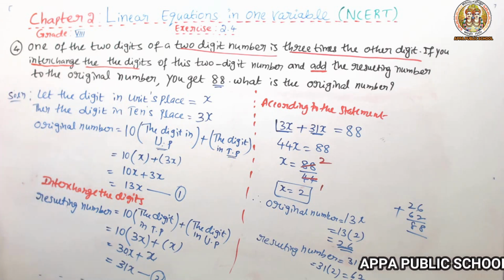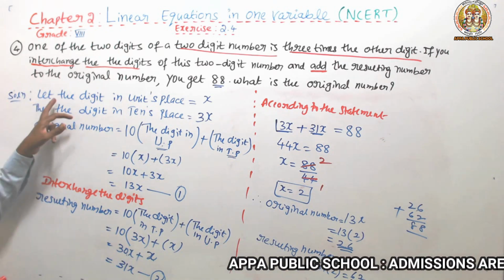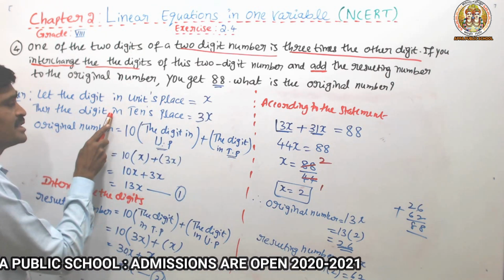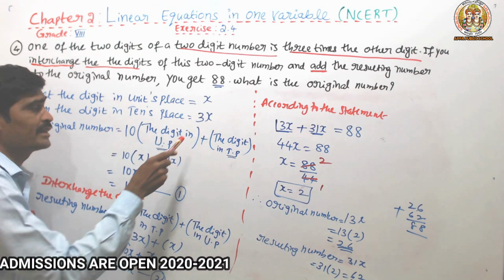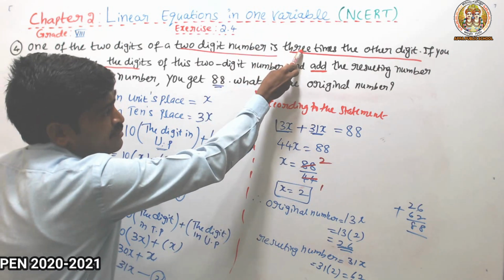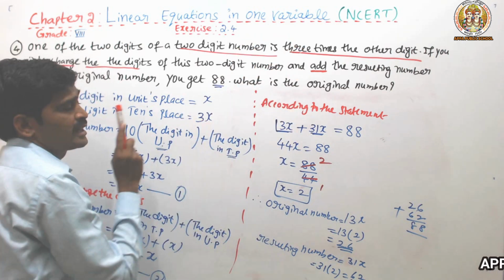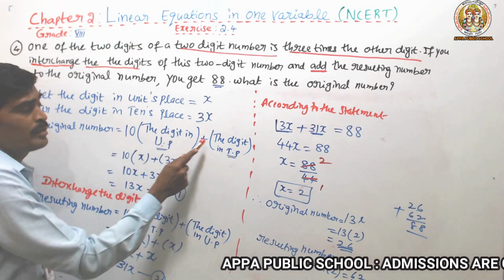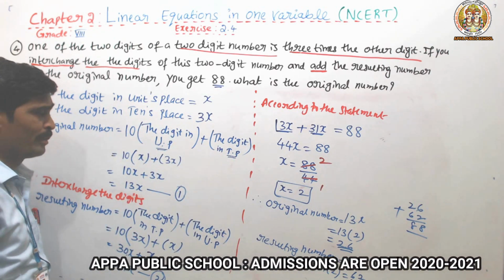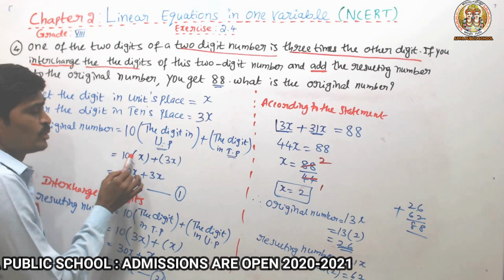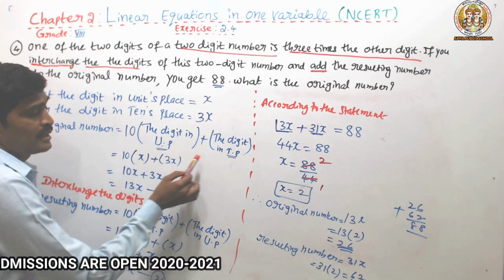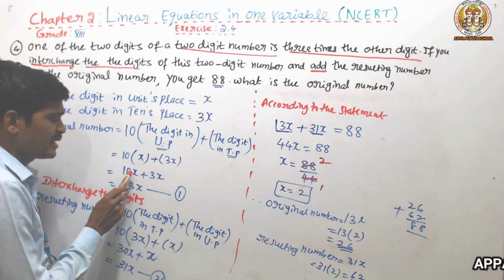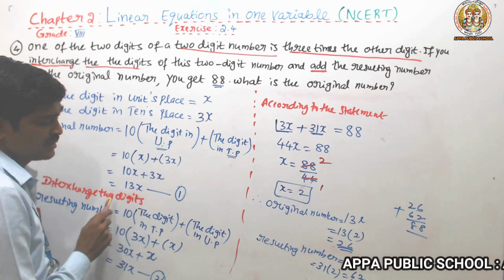One more time I will explain, please concentrate. Let the digit in unit place be x, then the digit in tens place 3x. Why did we take 3x? Because they told 3 times the other digit. Original number is equal to 10 into the digit in UP plus the digit in TP. So 10 into x, 10x plus 3x should be 13x.